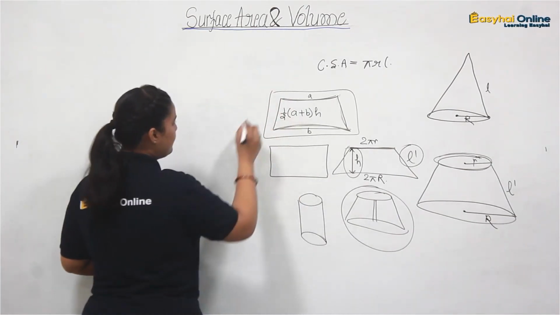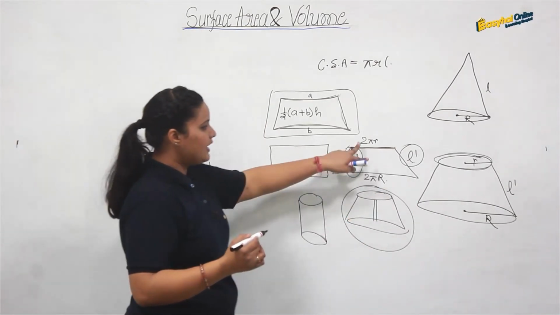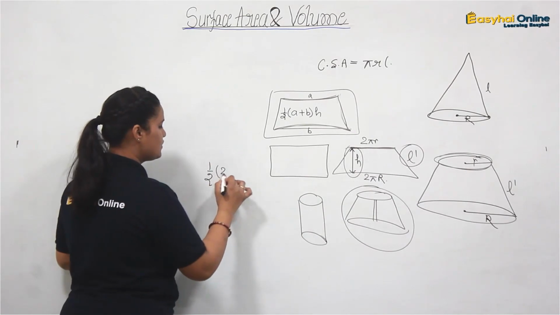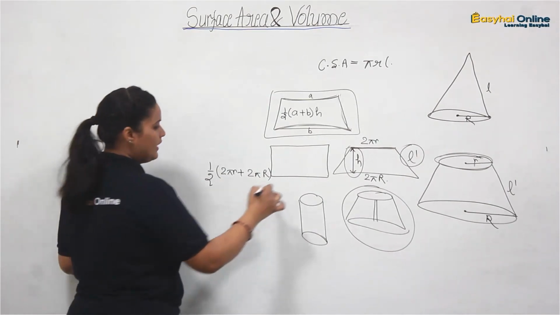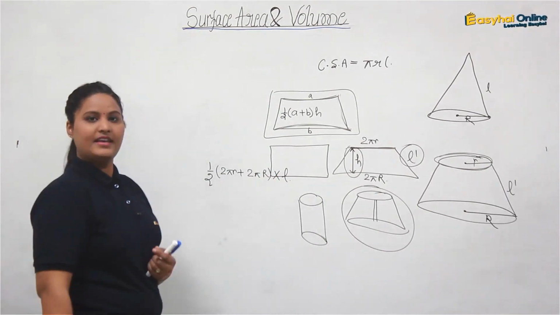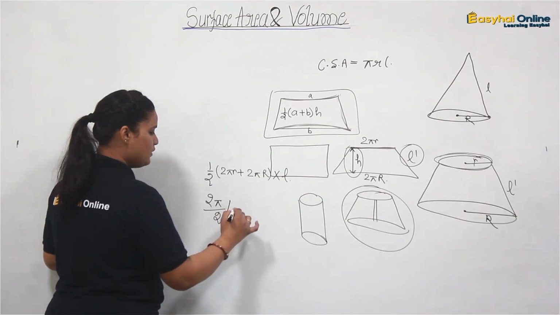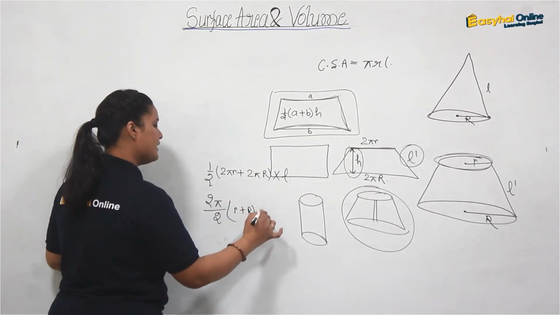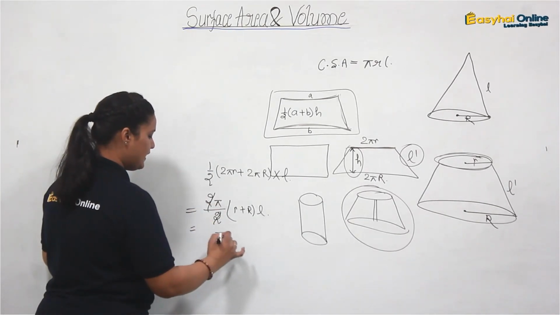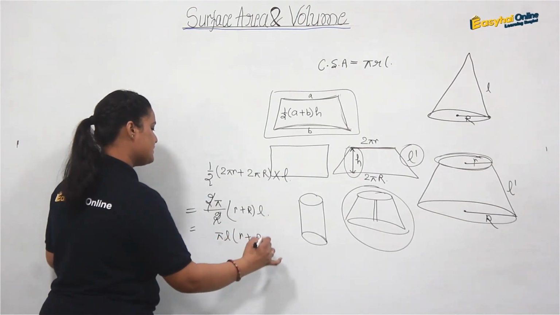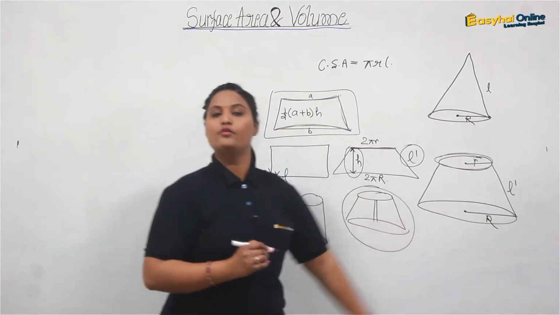So my formula will be 1 by 2, and as I just showed, the lengths of these two sides will be 2 pi r plus 2 pi capital R, into L, right? I will take 2 as common and pi as common. It is upon 2 and it will be r plus R and L. Clear? Now cancel 2 and it will be pi L (r plus R). And this is the curved surface area of the frustum of a cone.